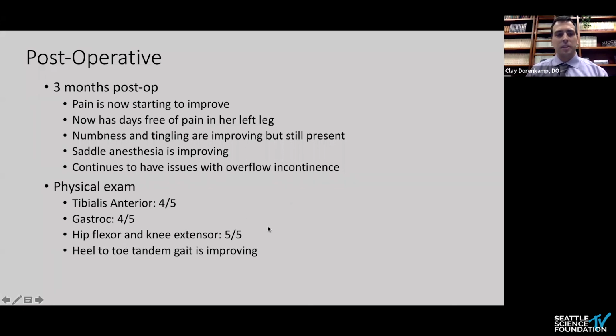So Dr. Rumley and I talked about this case quite extensively, and with her symptoms at 4 weeks, when she was having pain with excursion of her leg and the saddle anesthesia and some bowel and bladder issues, this was becoming consistent with arachnoiditis, which we were talking about whether having fibrin glue directly exposed to the neural elements may have had some role in that.